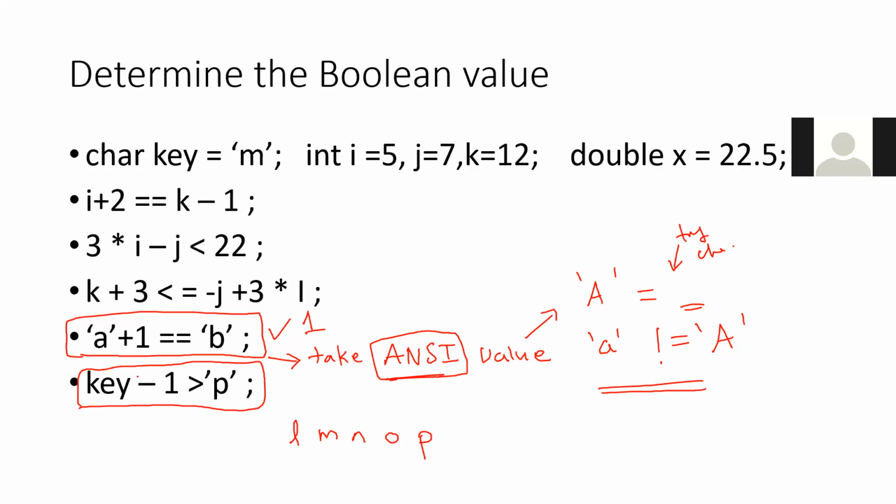So if you say key minus 1, which means character M minus 1 is this value. So it's saying L is bigger than P. So this is false. So the value is 0. Okay.